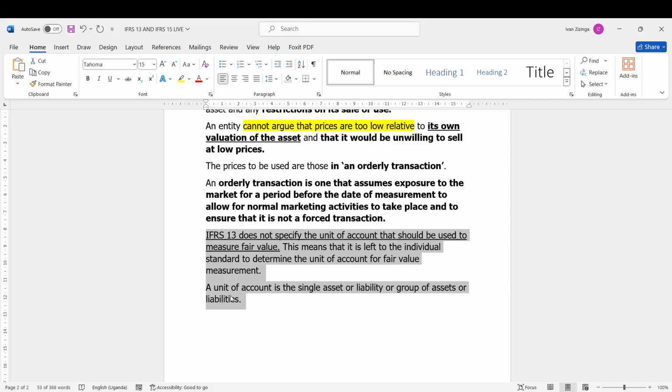And therefore, assuming that an entity has a loan in a bank, and this loan has a covenant, and the covenant is attached to probably the assets or the asset value of the entity.